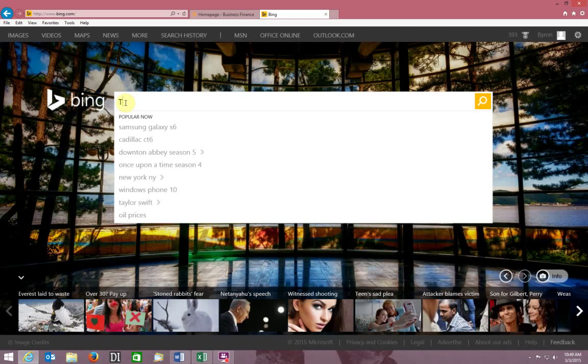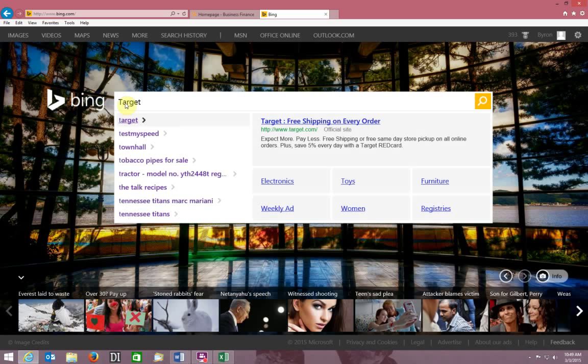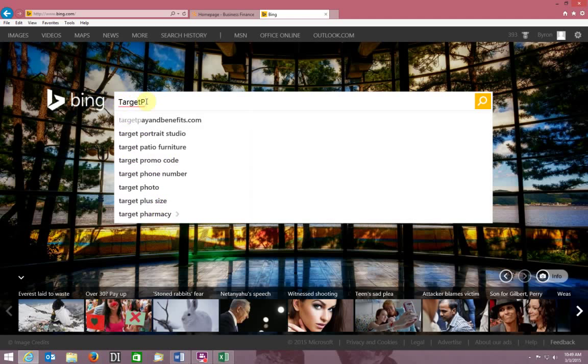Ticker symbol for GoPro. Ooh, that is not what I was typing in, so wow. Let's try again. Ticker symbol. Oh, come on, computer.